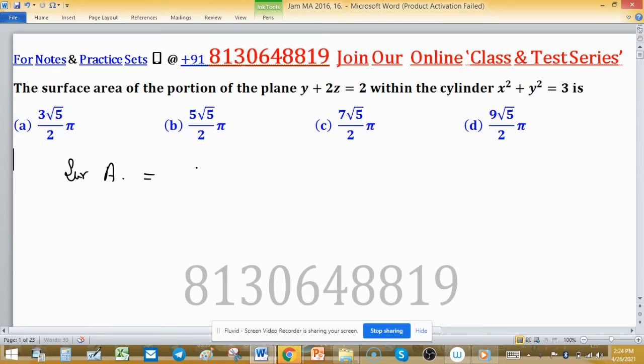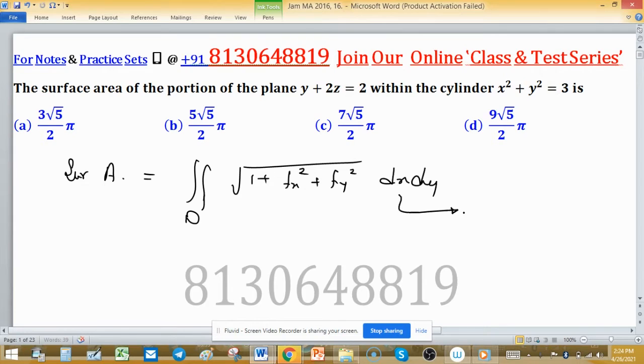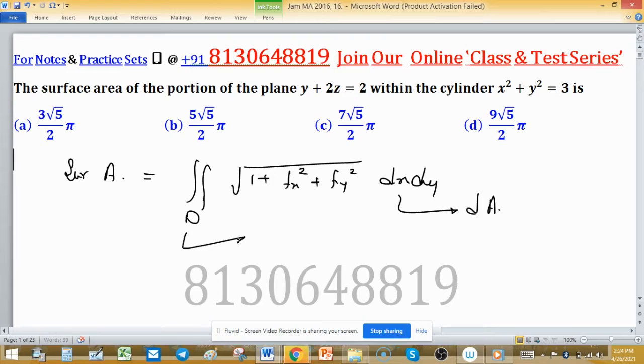This we can find with the help of this formula, square root of 1 plus fx square plus fy square, dx dy, or normally we can write dA. xy are coming from the region D.